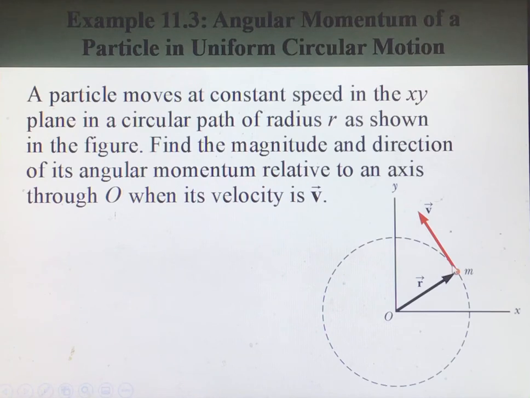So the velocity of the particle is always going to be at 90 degrees with respect to the displacement vector. In this example, because there is a 90 degree angle between the displacement vector and the velocity vector, the magnitude of the momentum vector is just mass times v times r.